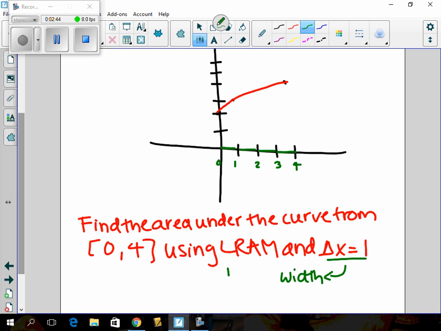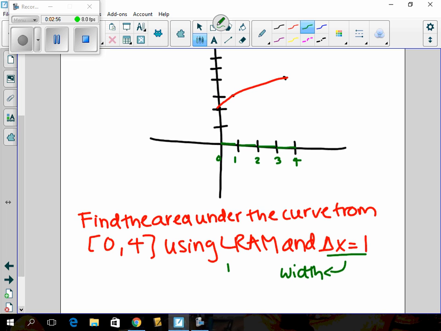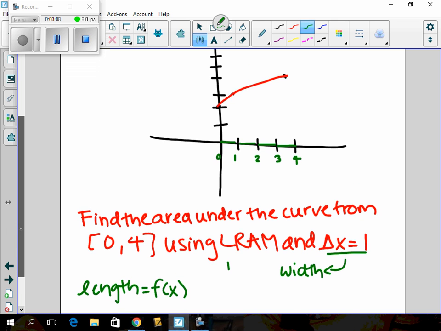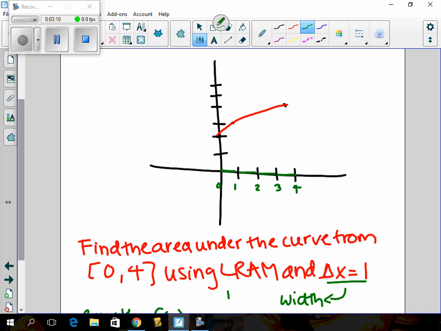So we're going to be using our basic tick marks on our coordinate plane to find these rectangles. Now this is where it gets a little bit tricky. We have our width, but we're going to need the length of our rectangles. And the length is going to be f of whatever x value we're looking at. So if I'm starting from the left and moving over, starting from this first point, I'm looking at the point x equals 0.